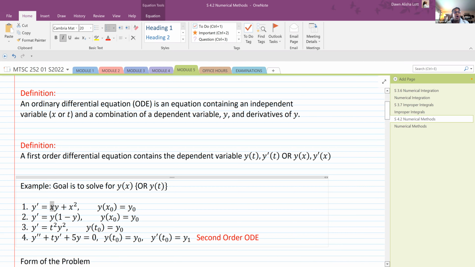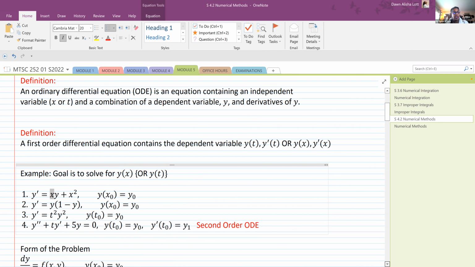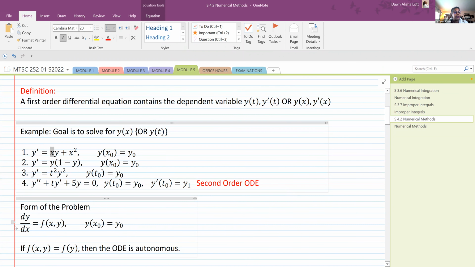All right, so the goal of a differential equation is I'm telling you how the function and its derivative relate to each other, and your goal is to solve for the actual function. This is what the problem will look like: the derivative of y is equal to some function of x and y, or some function of t and y.